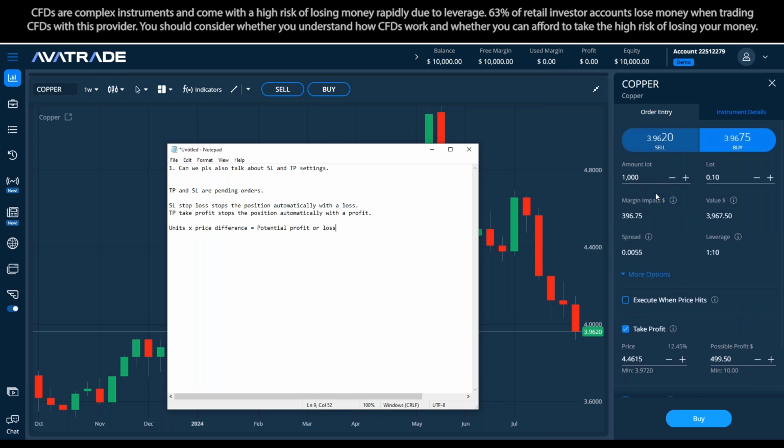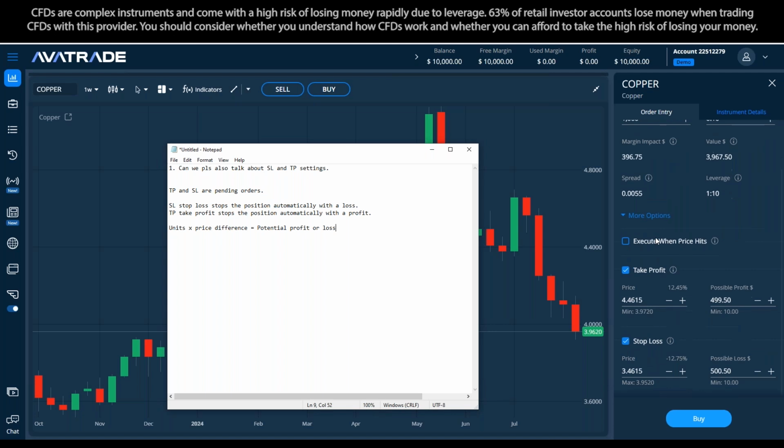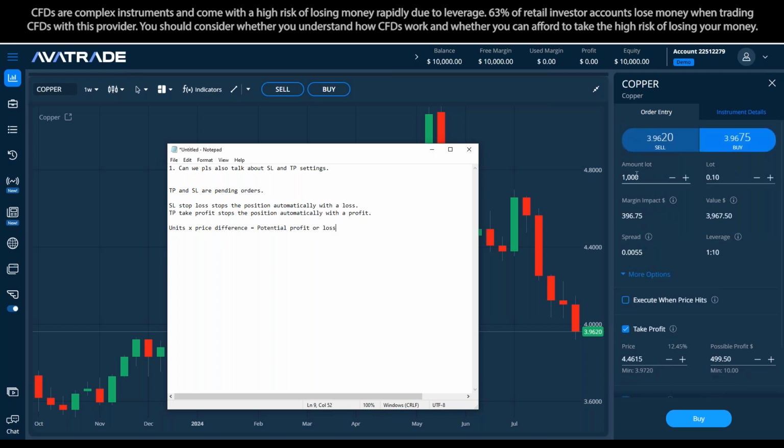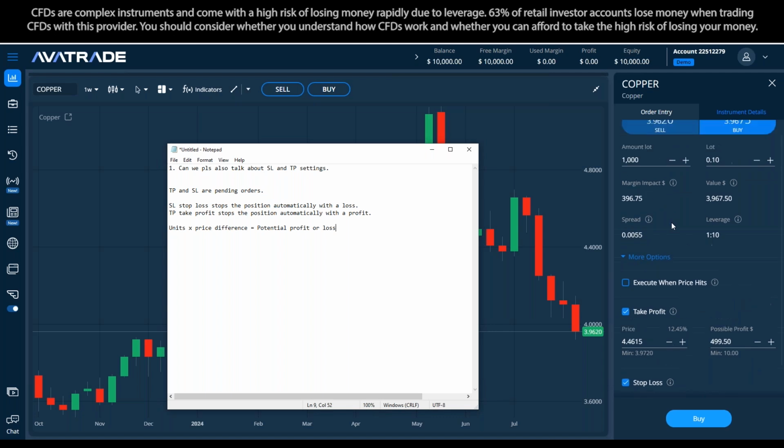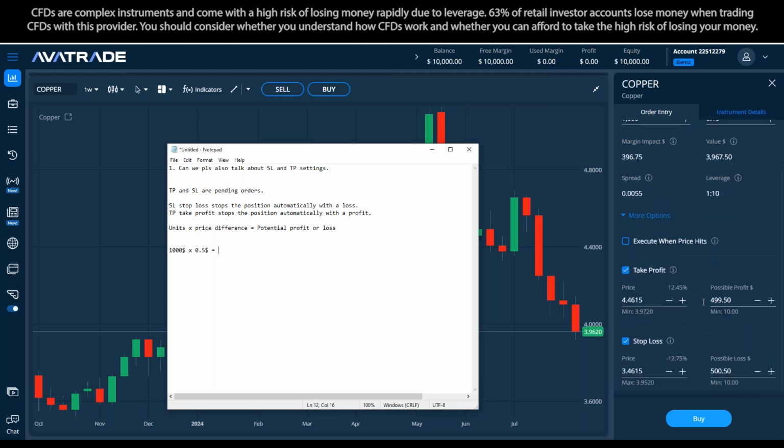And what's happening here is we have copper, we have 1,000 units of it, and because we're looking at half a dollar times 1,000, $1,000 times half a dollar equals, who knows? It's written right here, guys.